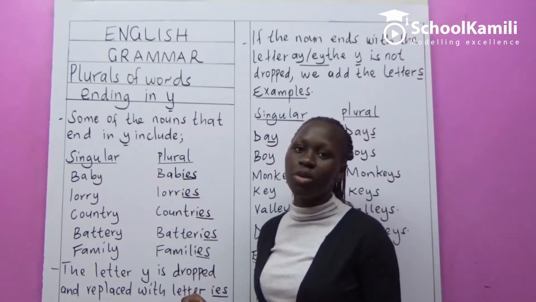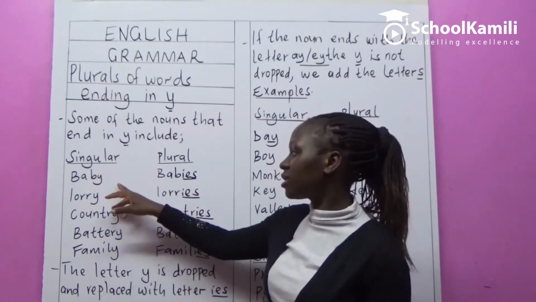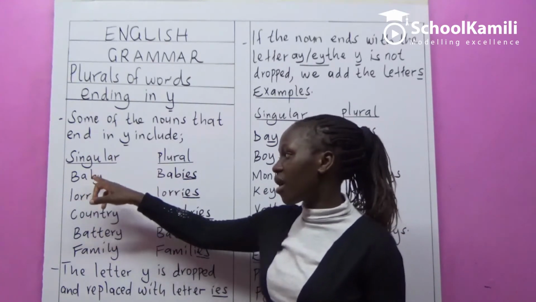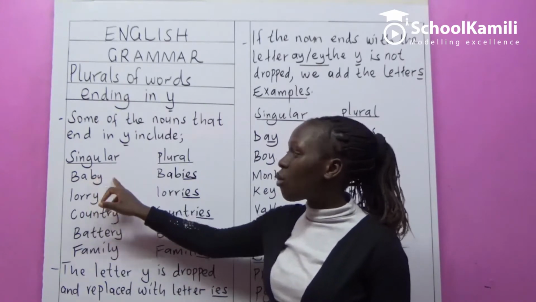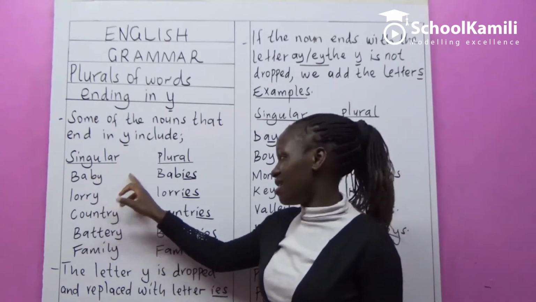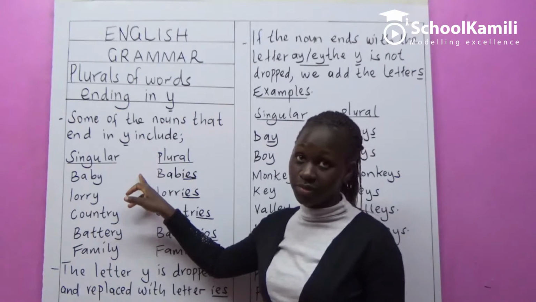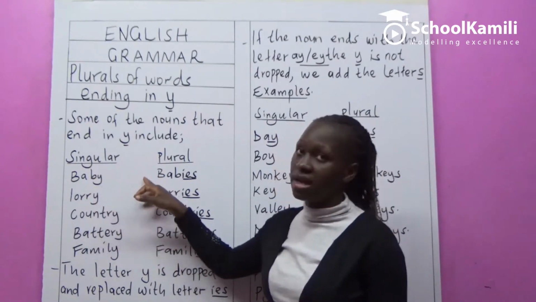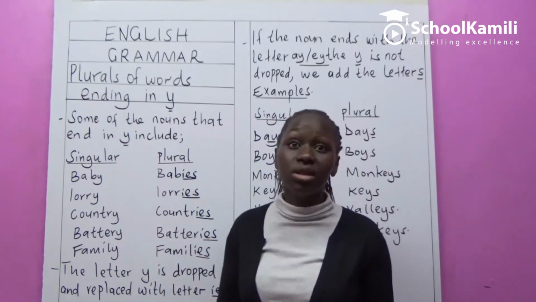And why are we dropping the letter Y? If we tell ourselves to write babies with the letter Y, B-A-B-Y, then you add IES, that is wrong. Or if you say B-A-B-Y-I-E-S, you actually can't pronounce it.